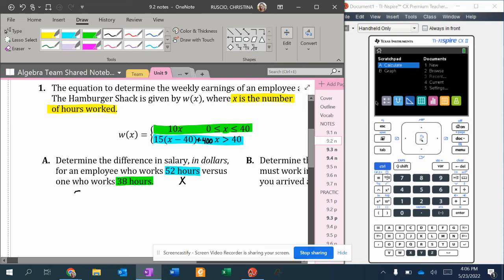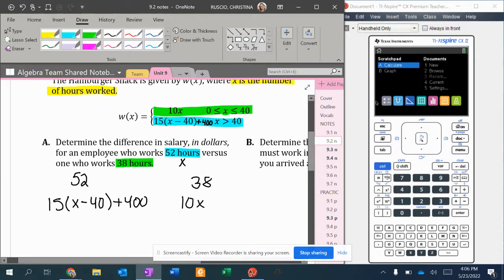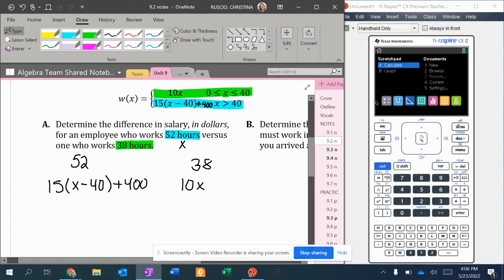Okay, so we're going to substitute in some values. Let's do the 52 hours first. So 52 has to go into the 15, and this is the X minus 40 piece, plus 400, remember. And then the 38 is going to go into the 10x piece. Okay, so we could do a couple of things here. We could substitute in and do this algebraically.